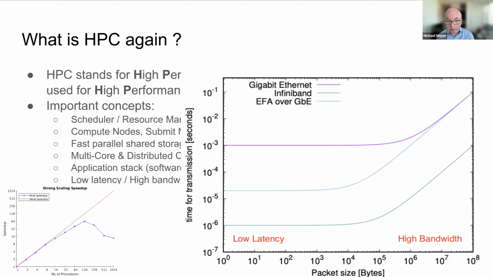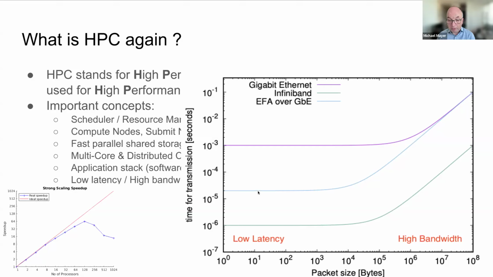I did a little bit of a thought experiment where I'm taking a data packet of size X, so that's the X-axis from 1 byte to 100 megabytes, and I send this across those 3 types of networks, and I measure the time it takes to be transmitted. And this is just theoretical data.